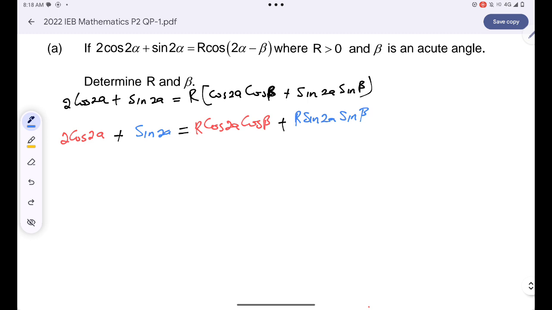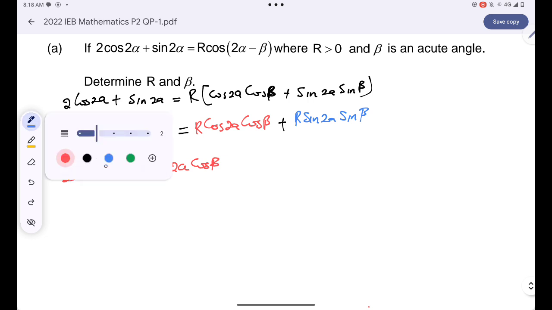Okay. The first term in the left hand side is equal to the first term in the right hand side. The second term in the left hand side is equal to the second term in the right hand side. So this simply means that 2 cos 2a is equal to r cos 2a cos beta.